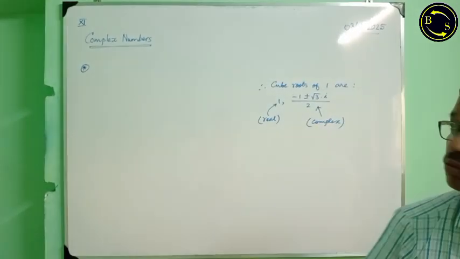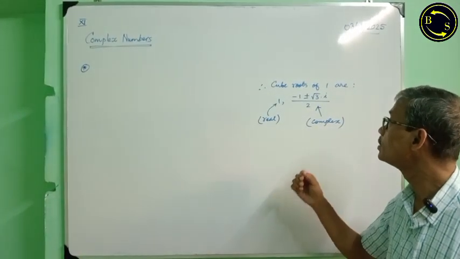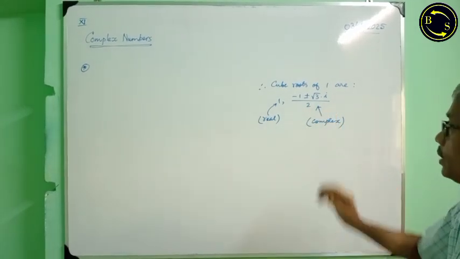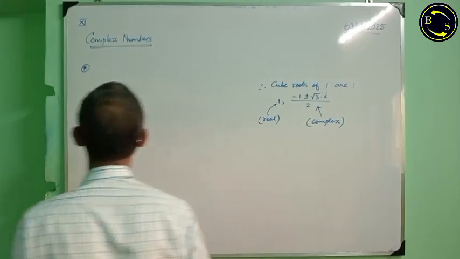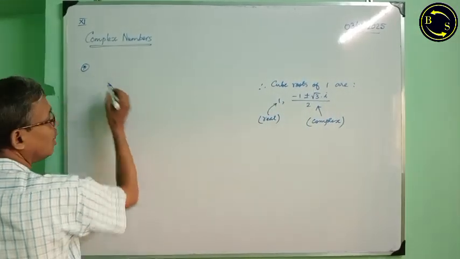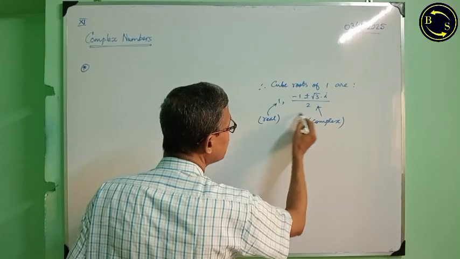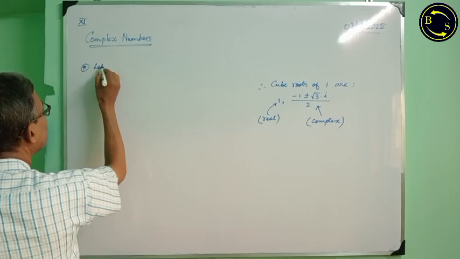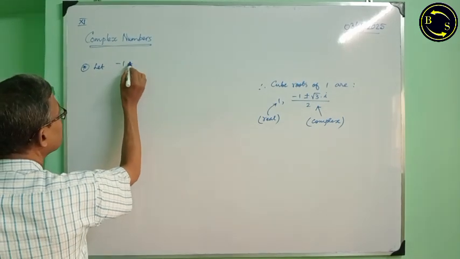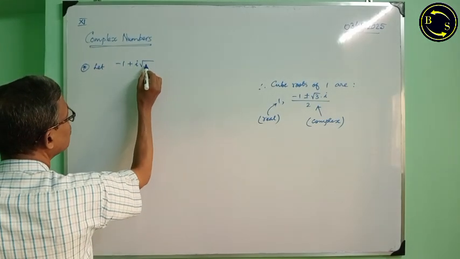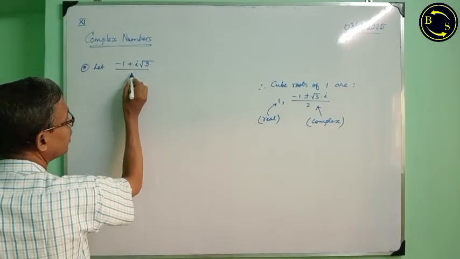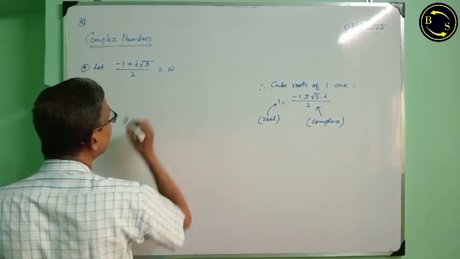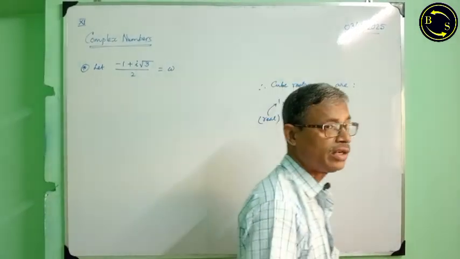Now we are going to find interesting relationship between these two complex cube roots of unity. First of all, we use a symbol for one cube root. Let minus 1 plus i root 3 by 2 be omega. That is a Greek letter omega.